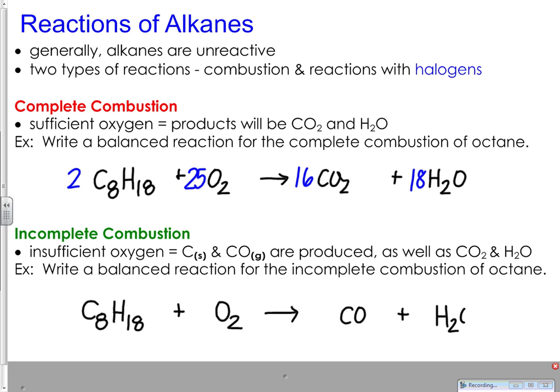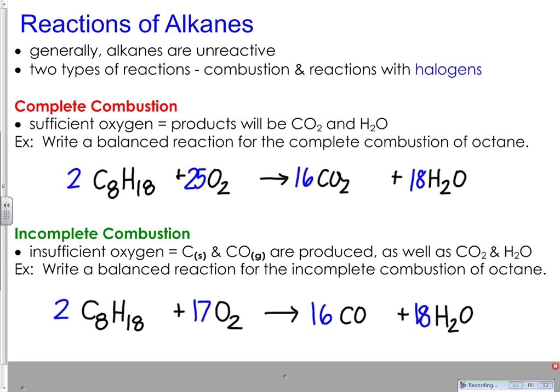And like I said, there are other variations of this reaction as well. And you could probably do some research to find them, but this is one possibility. Now, in this case, if you were going to balance this, the coefficients would end up being 2 and 17 and 16 and 18.